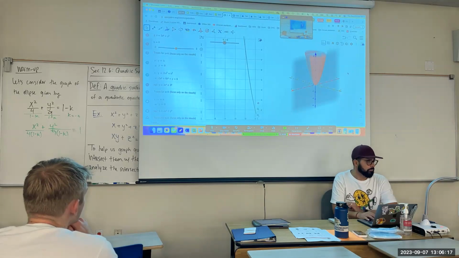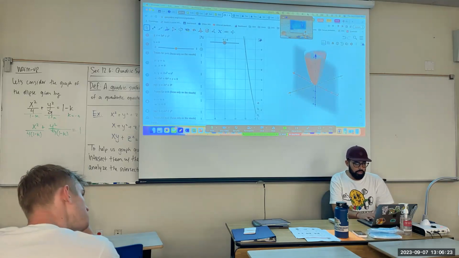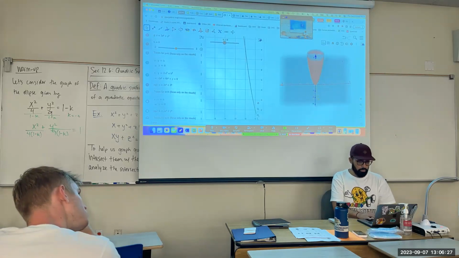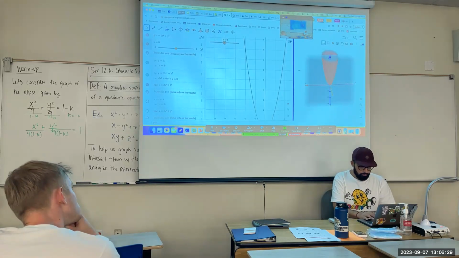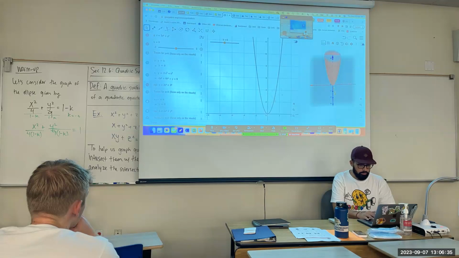Do you guys see how it's intersecting it, and the shape that it makes where it intersects it? That's this parabola that I have graphed here.